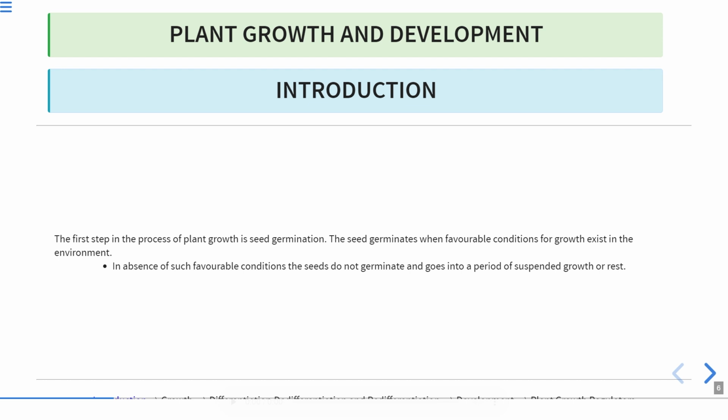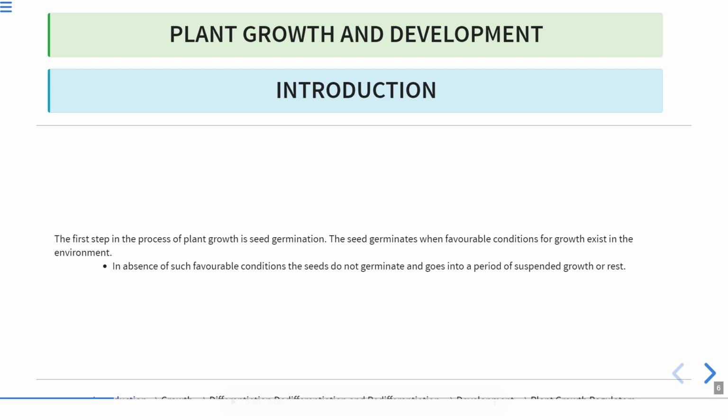So when the favorable conditions are not available for the seeds, they sleep, like they are in suspended growth or a resting stage, and you can also say that it is in a dormant stage.